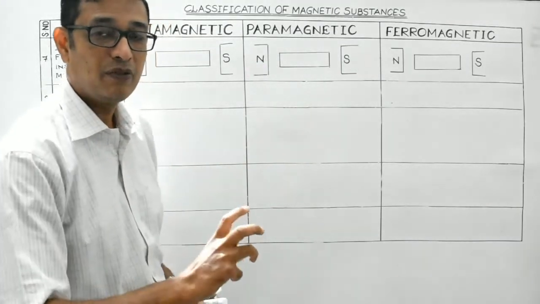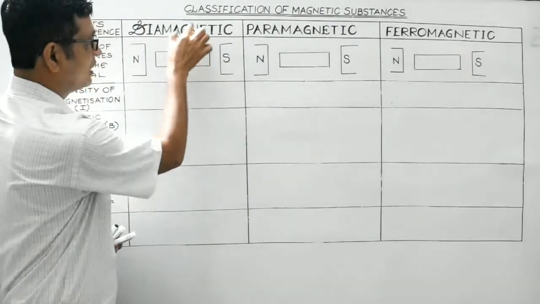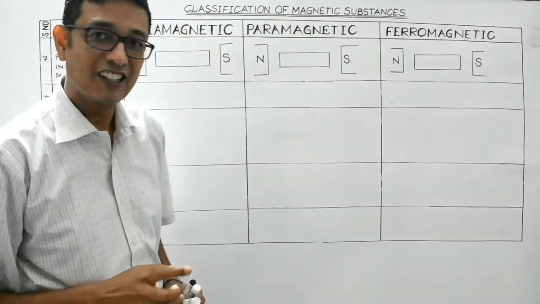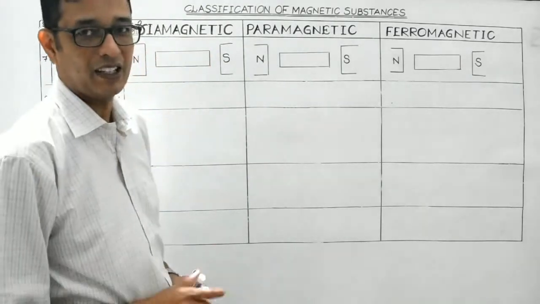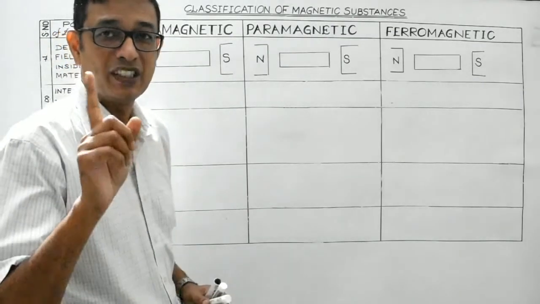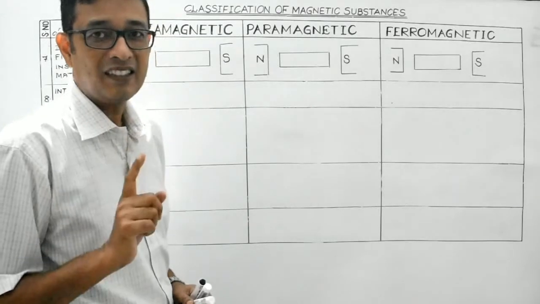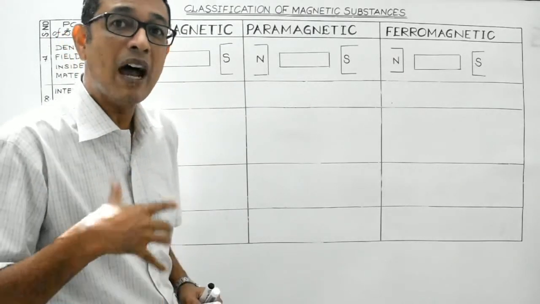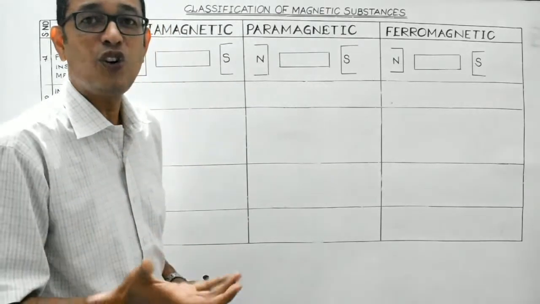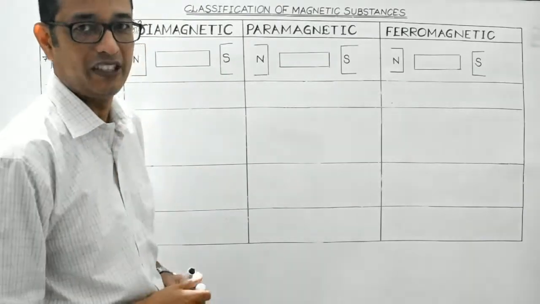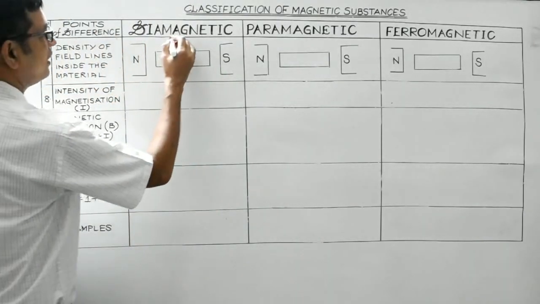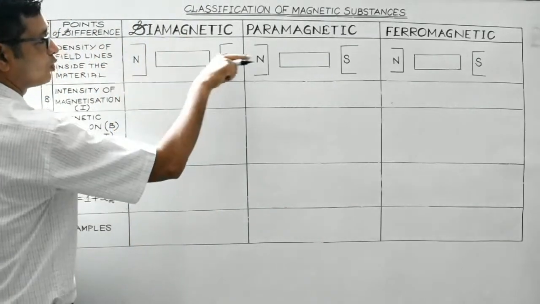Now what will happen when a diamagnetic specimen is placed under the influence of this uniform magnetic field? Then, as we have discussed diamagnetism on the basis of electron theory, it gets feebly magnetized in a direction opposite to that of the external field. So the external field is directed along this direction from north to south.